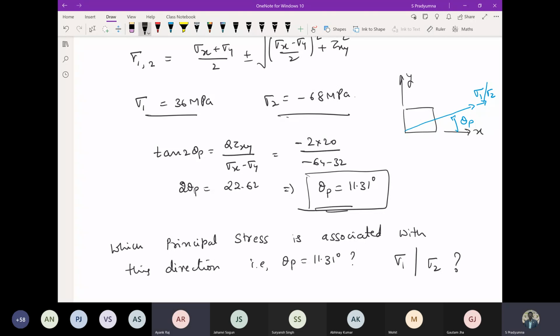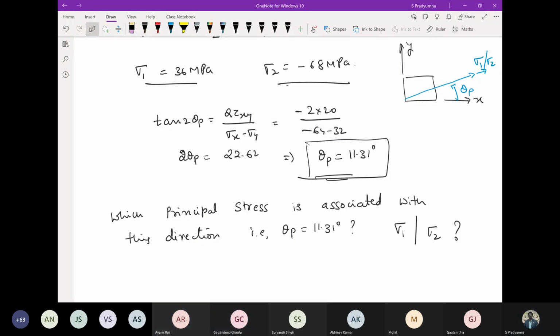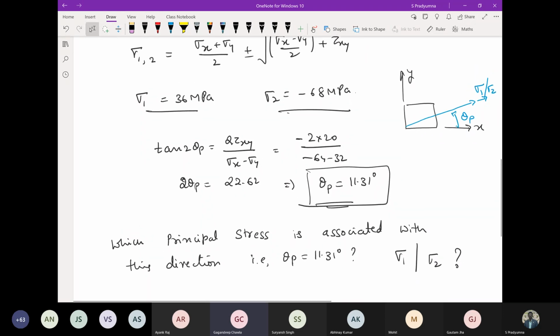Okay. Sir, yeah. Go ahead. Sigma 2, sir. How do you know? Sir, because its absolute value is greater than sigma 1. So what?